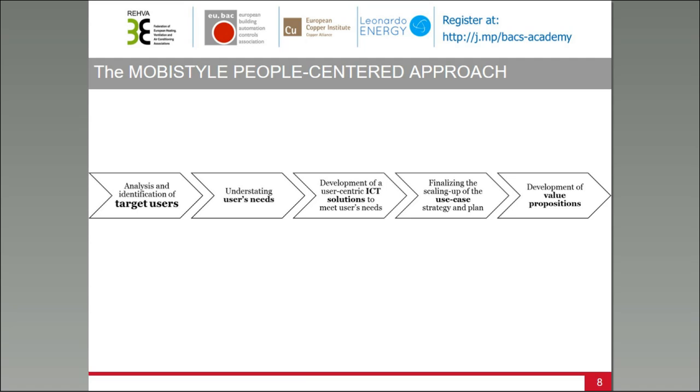Of course, based on different target users, we will isolate different users' needs, different types of information that need to be delivered to them, and the different types of features that the platform or the ICT solutions need to deliver to these people.